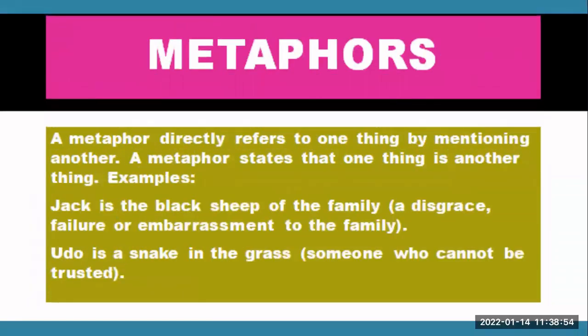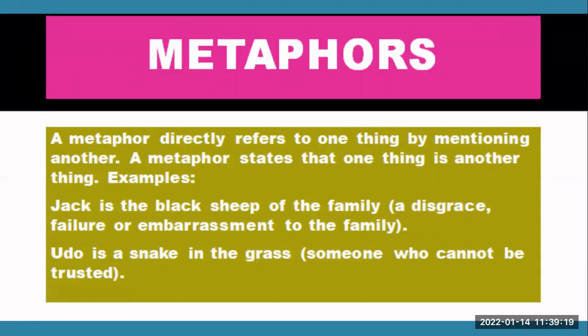Now, a metaphor directly refers to one thing by mentioning another. In other words, if you say Jack is the black sheep of the family, you are saying that Jack is a disgrace, a failure or an embarrassment to the family. If you say Udo is a snake in the grass, you are not saying that Udo is actually a snake.